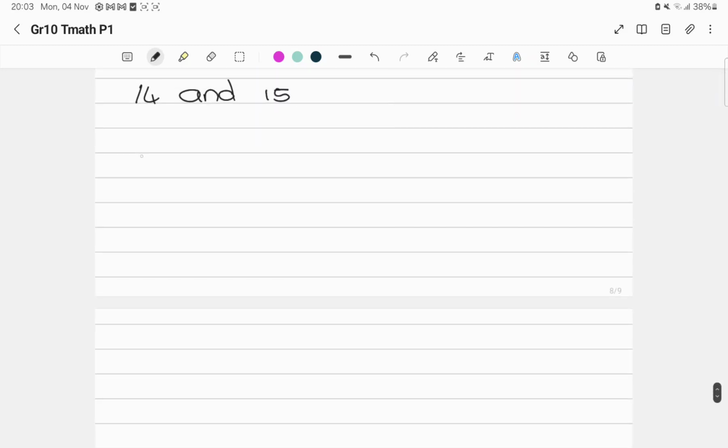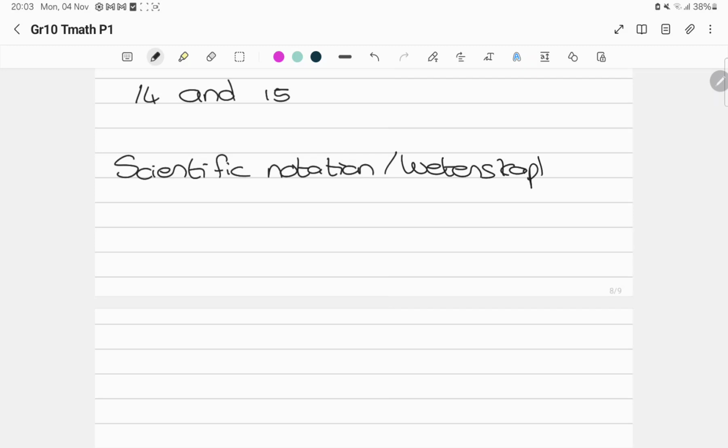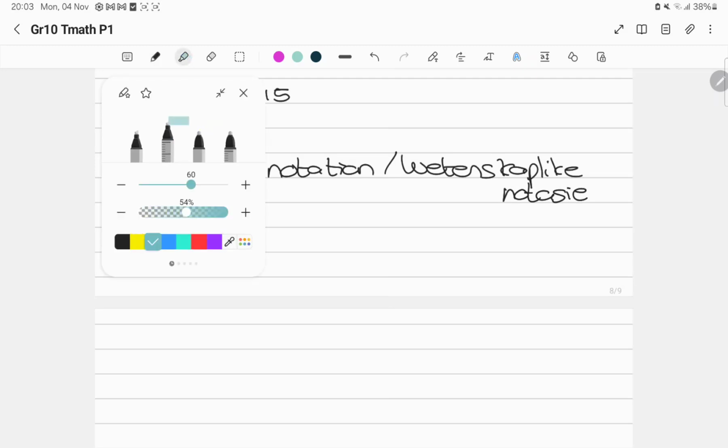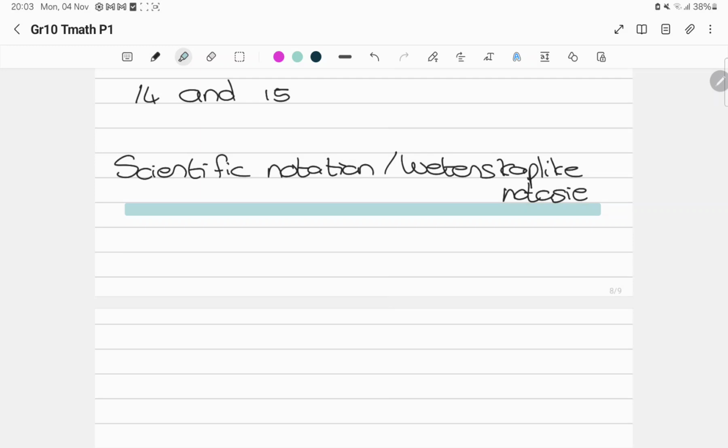The next one here is also scientific notation, wetenskaplike notasie. Okay, so scientific notation is also supposed to be quite easy by now because you've been doing it since grade 8.